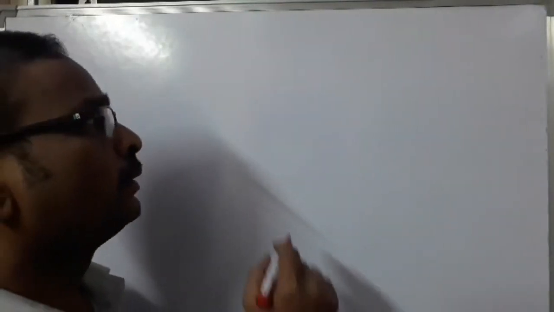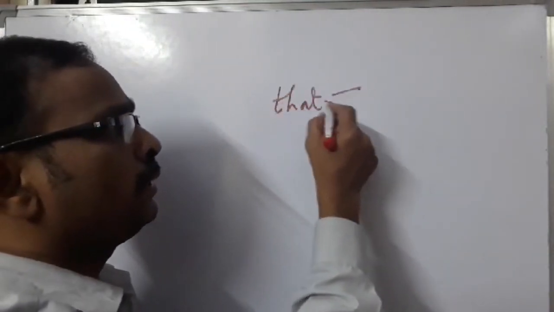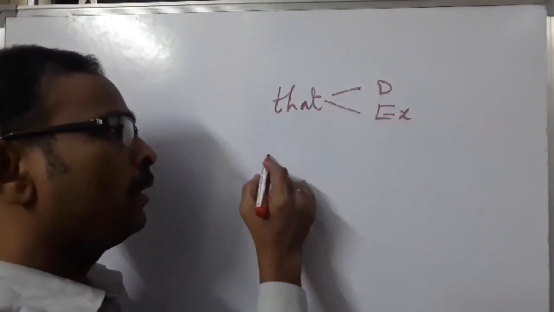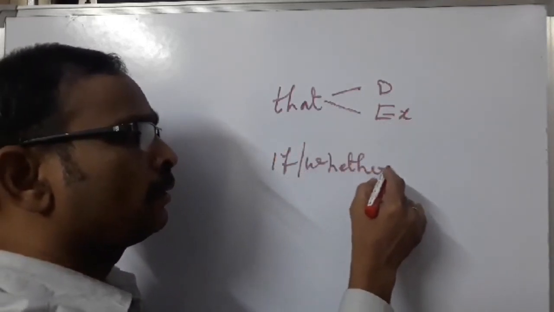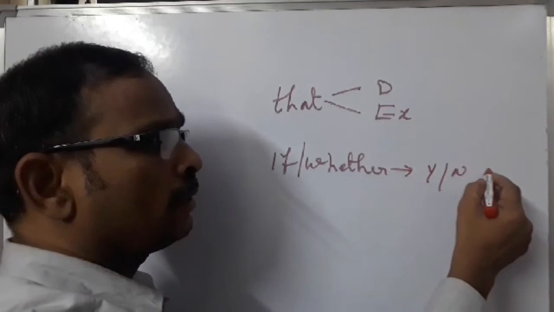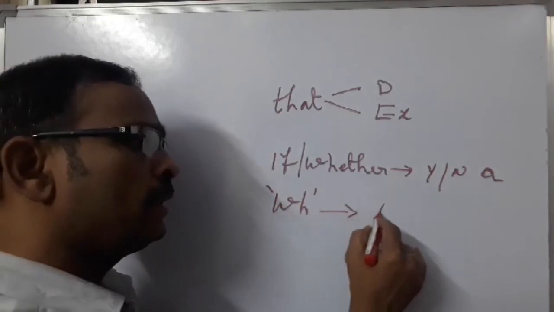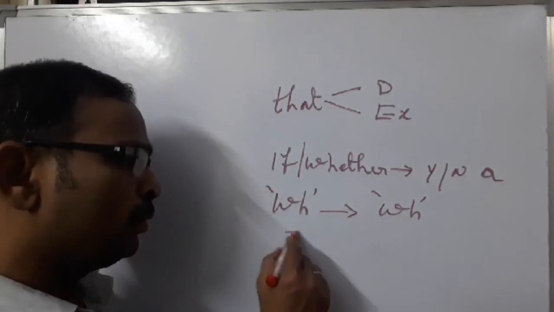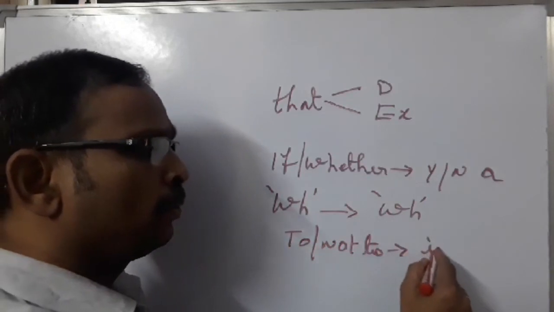So let us see the connectors. We have that when there is a declarative or exclamatory sentence. We have if or whether for yes or no type questions. We have the WH word itself when there is a WH question. And we use to or not to for imperative.